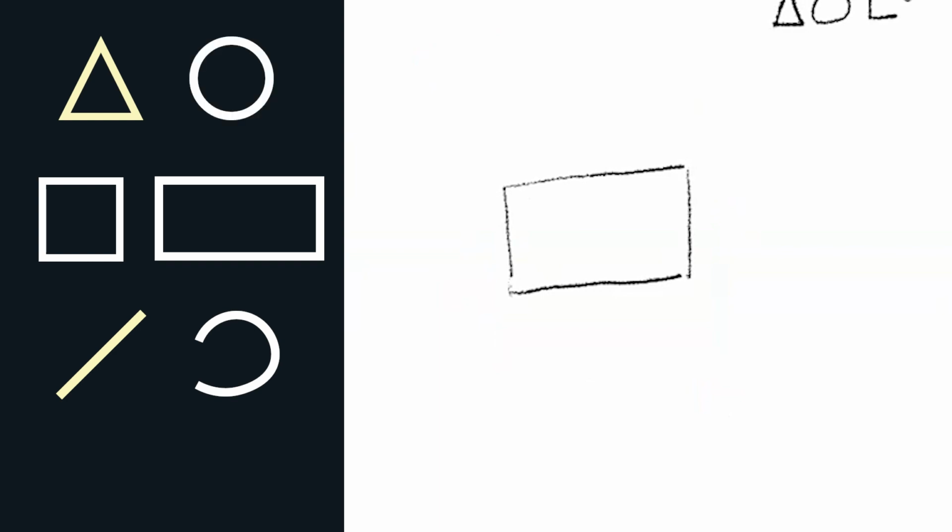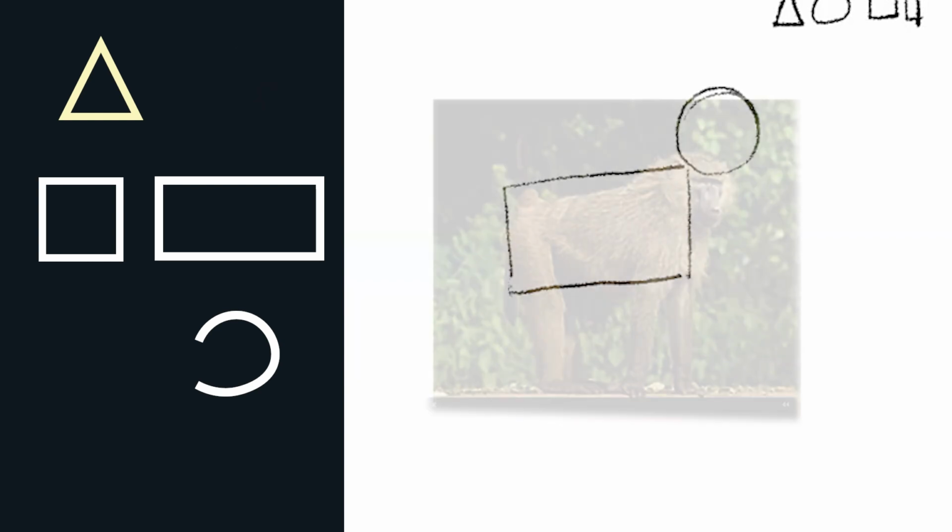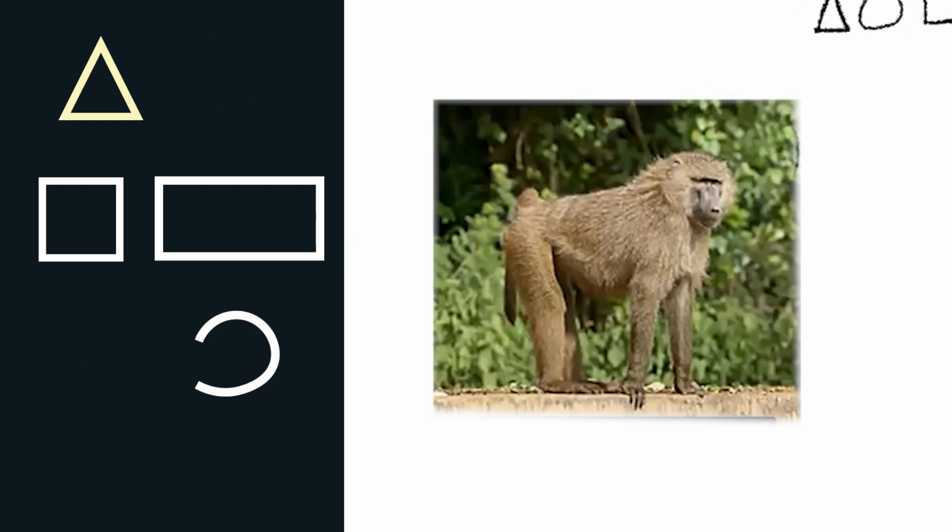Let's draw the rectangle with the body. Then draw a circle for the head. Okay, how do we draw the muzzle? Yep. So here we're going to draw, see, this is our circle here for the head.